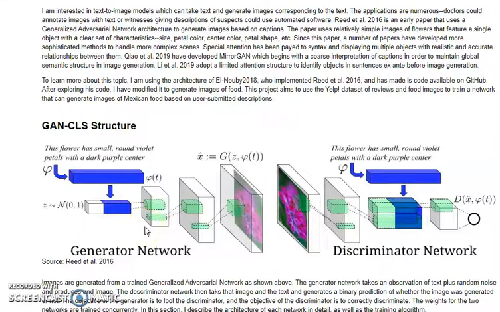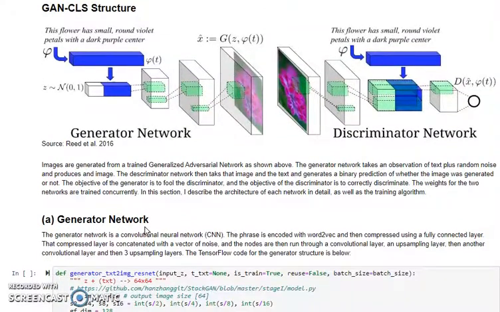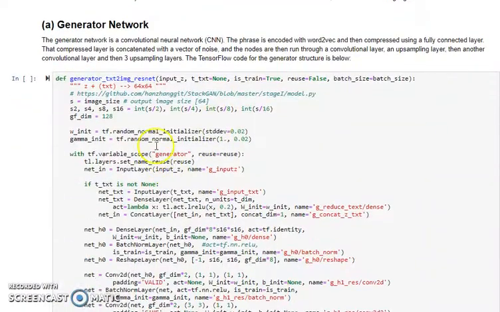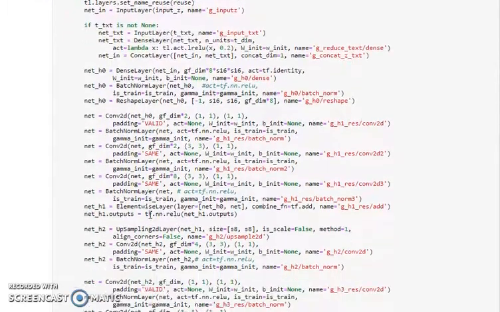There is a generator network that takes as inputs a caption that is turned into a vector through word2vec, as well as some noise, and it concatenates those together, and then through a series of convolutional layers generates an image. And the code for this network is right here.